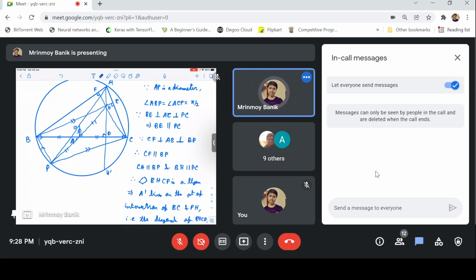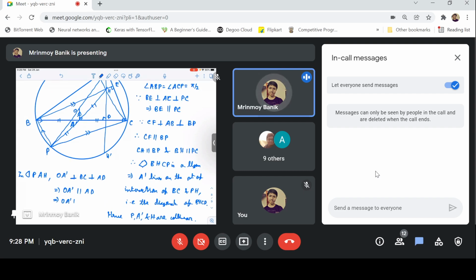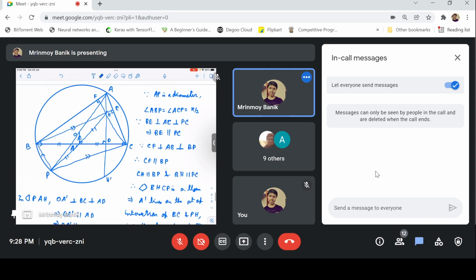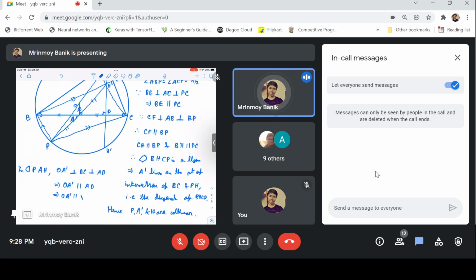So now we are one step ahead. Now we can talk about the triangle PAH. So in PAH, obviously OA bar is perpendicular to BC, which is perpendicular to AD. So OA bar is parallel to AD, same as HD or AH, sorry.